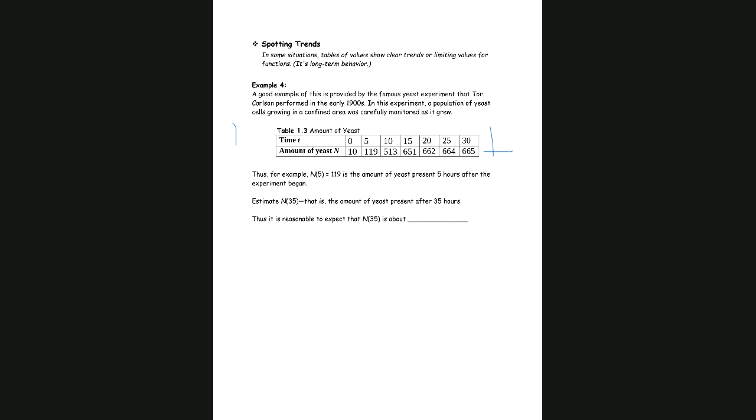So how do we figure out N of 35? 35 is down here somewhere on our graph, and the rate of increase is slowing down. So it's safe to assume that N of 35 will be about 665. It's not going to increase much more, because it increased rapidly at first but then the rate of increase slows down. So our long-term behavior is that it plateaus.